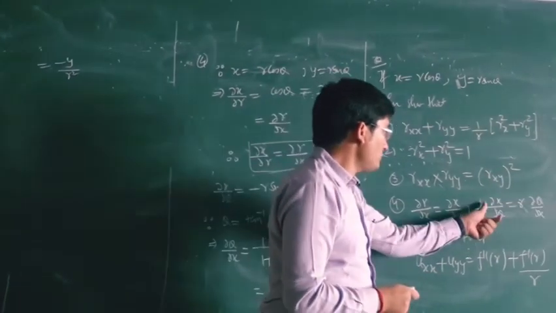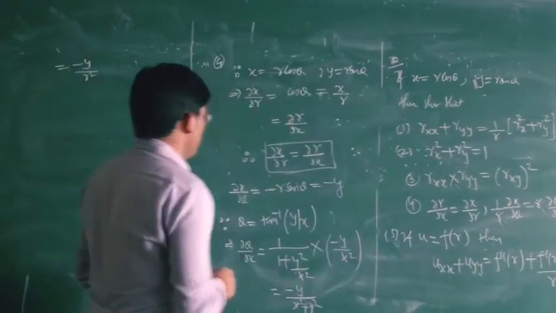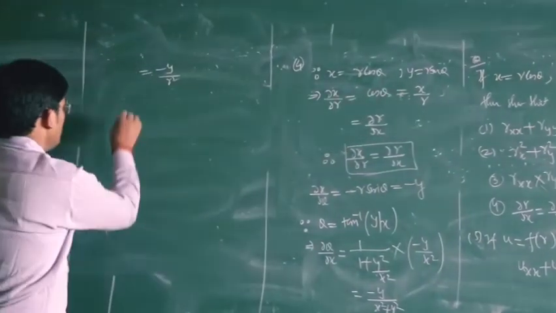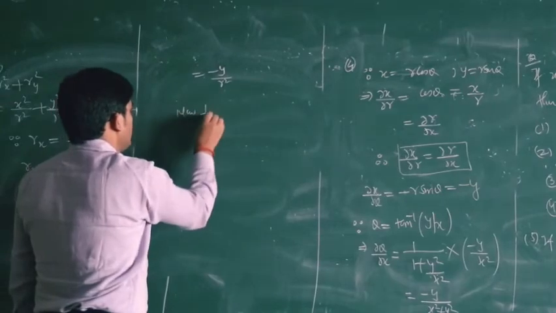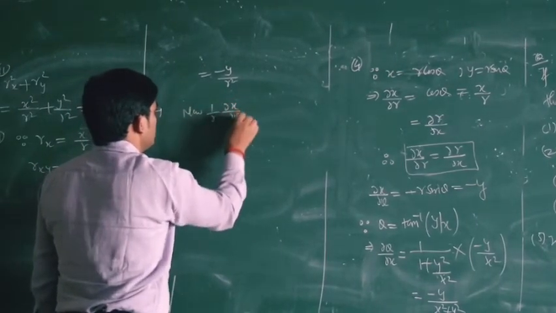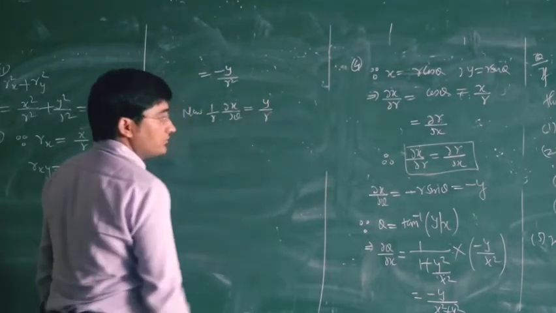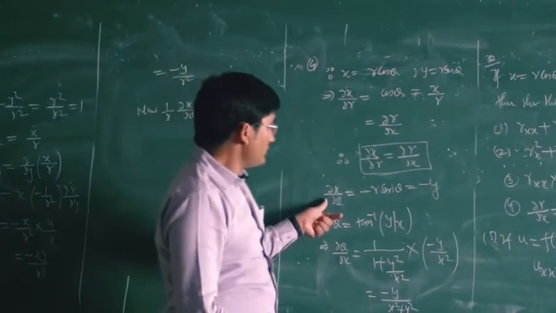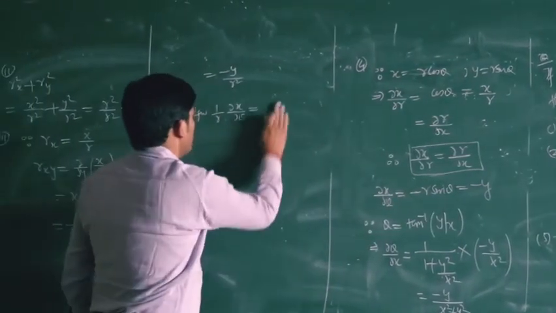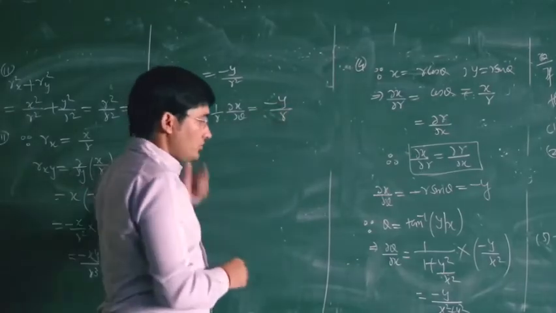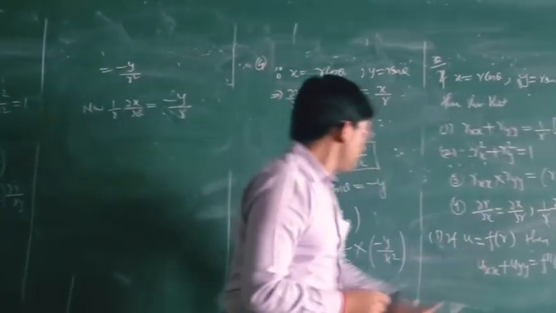And we have to prove that 1 upon r del x upon del theta. So now your left hand side will be, if we divide this one by r, then this will be minus y upon r.